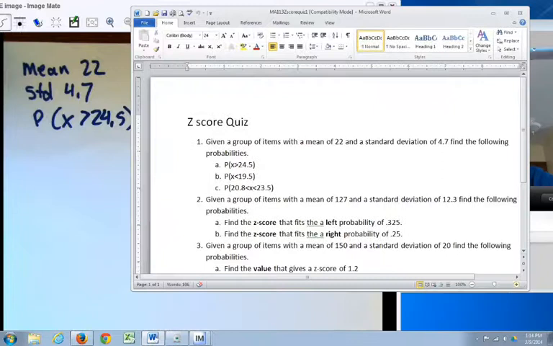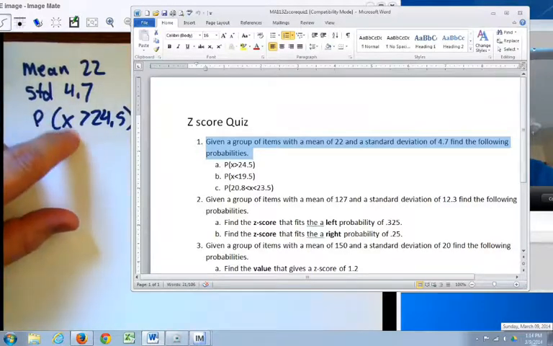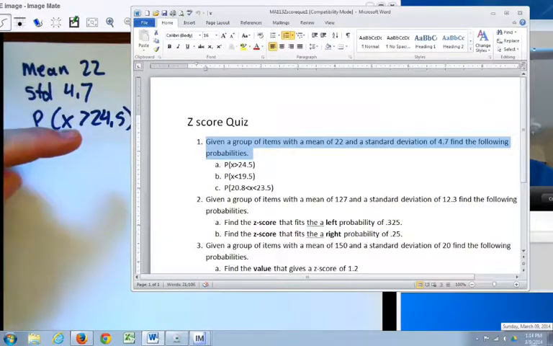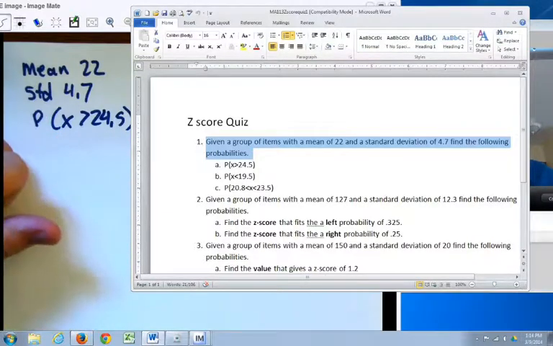So we have this first problem right here that we're going to do. Given a group of items with a mean of 22 and standard deviation of 4.7, find the following probabilities. And so we write down our key information, and we're going to be finding this probability right here.